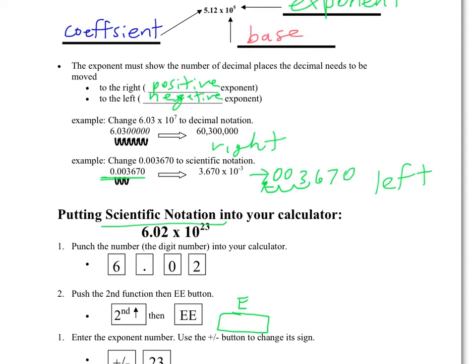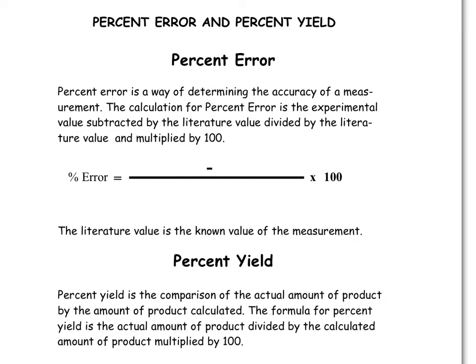to show you. Now for the 2 calculations that are very important for lab, percent error and percent yield. Percent error is a way of determining the accuracy of a measurement. So this calculation is going to be the experimental subtracted by the literature, divided by the literature value, times 100. Now if you don't like the term literature value, think of that as your established or your expected value.